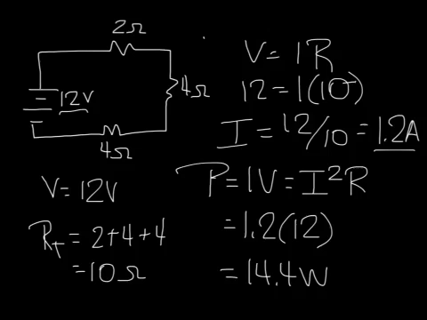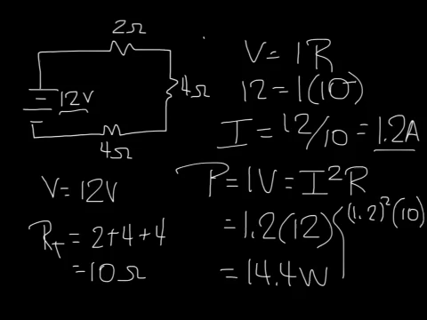Will we get the same? Should we get the same number if we do the I squared times R? It depends on how you round, but you should get very close to that number. So let's check. If we use the I squared, we know it's 1.2 squared times R, which is 10.